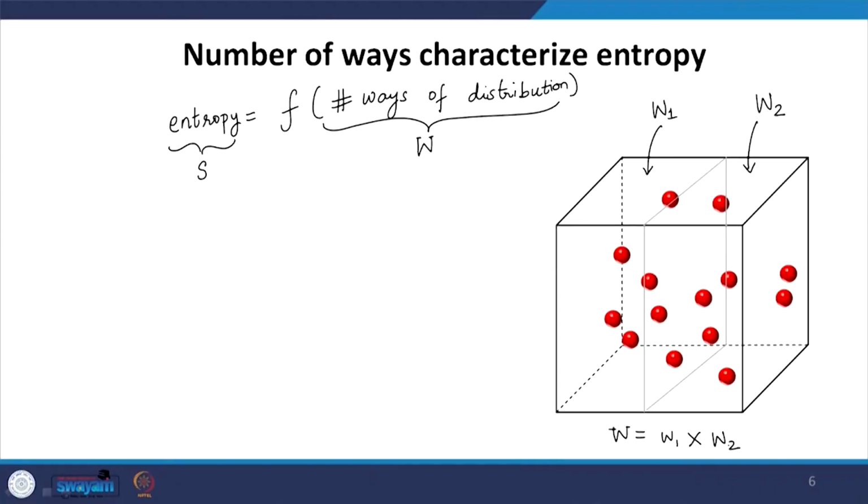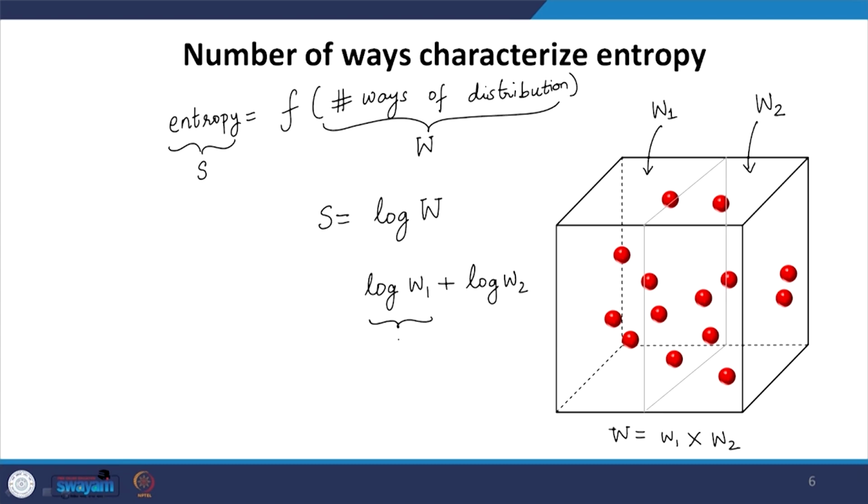So, with this kind of an argument, and we will justify later why entropy is additive, I may argue that entropy could be defined as something like this: S equal to log of W, because if I do that, then in this particular case I will add the entropy of the first half and second half.